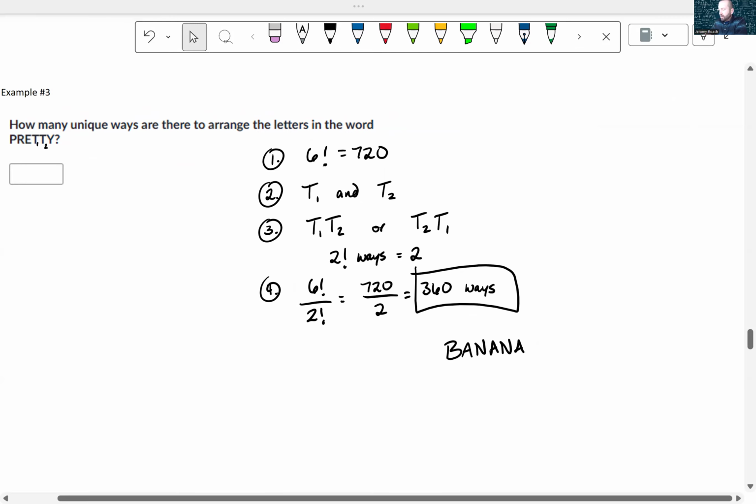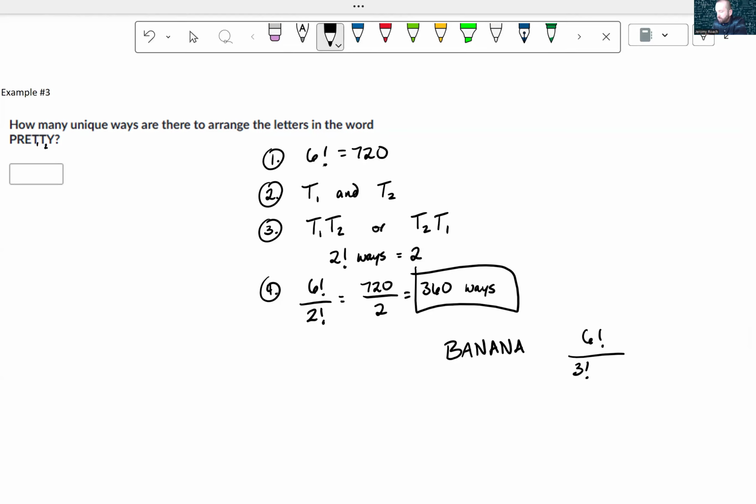We still have 6 letters, so this would be 6 factorial divided by, because we have the A repeating 3 times, 3 factorial, and we have the N repeating 2 times, times 2 factorial. So that's just how we would solve a different problem if we had more than just one letter repeating.